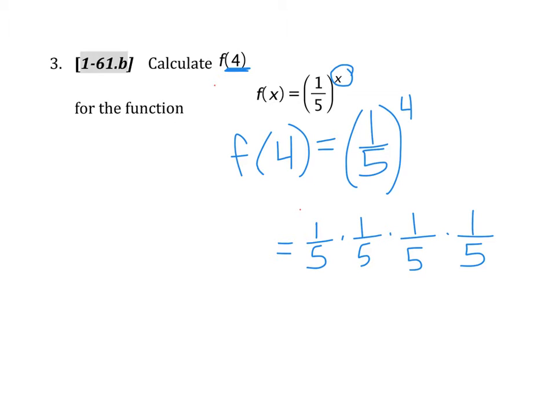Then we have to simplify the expression by multiplying all the numerators, which is just 1. And then we multiply our denominators, which is 5 times 5, which is 25. 25 times 5 is 125. And 125 times 5 is 625. And that is the solution.